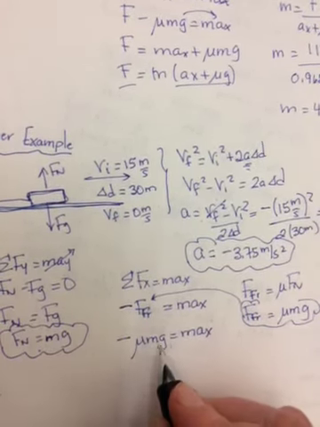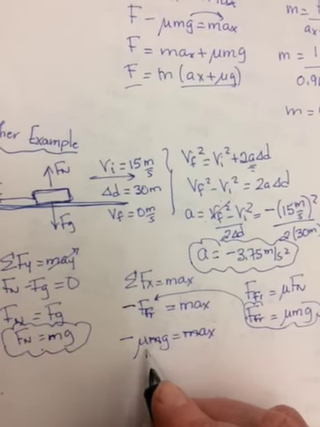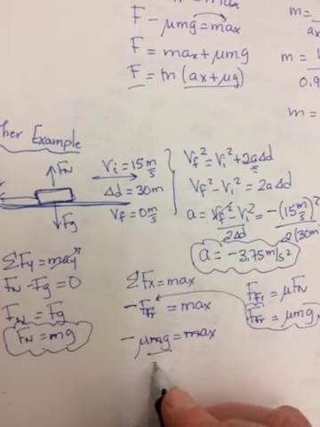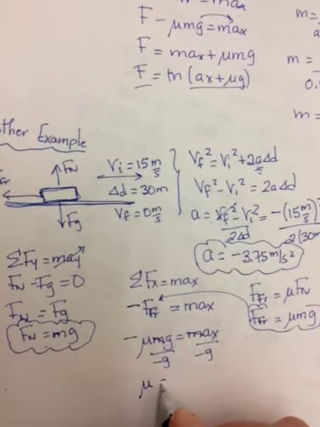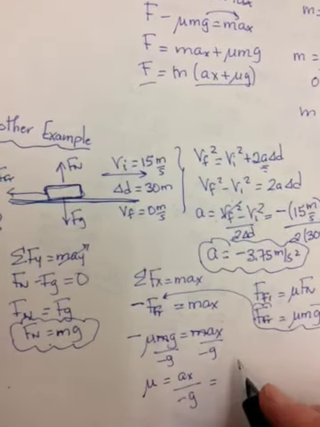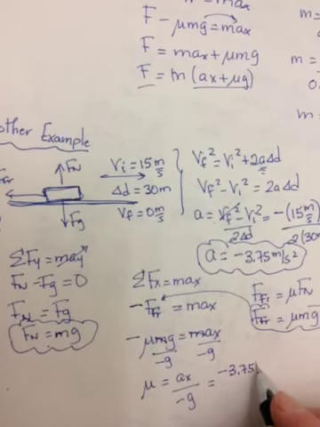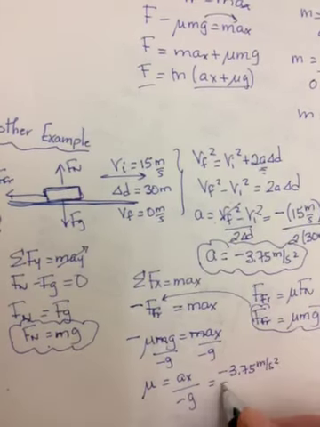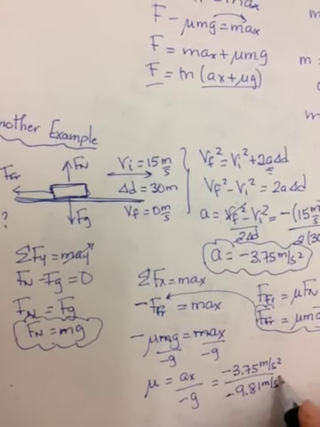Lo and behold, what's going to happen with the m's? They're going to cancel. And I'm trying to solve for mu, so I could divide both sides by negative g. So I'll end up with mu is equal to ax divided by negative g. A we found earlier, minus 3.75 meters per second squared, over negative 9.81 meters per second squared.